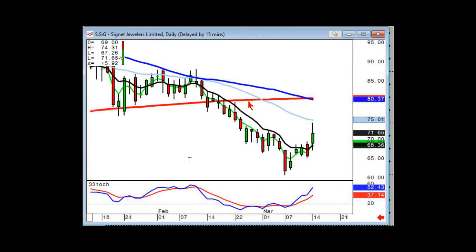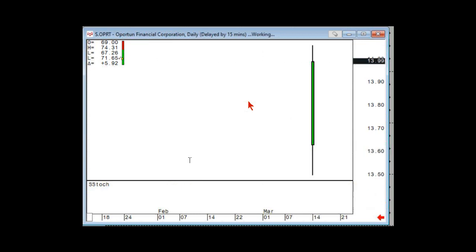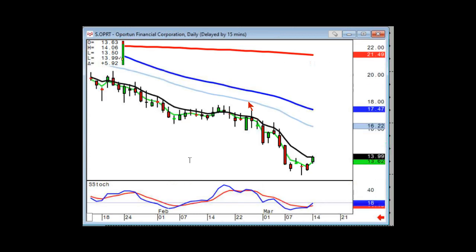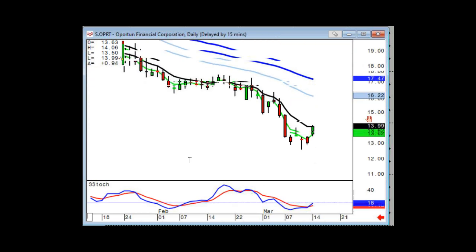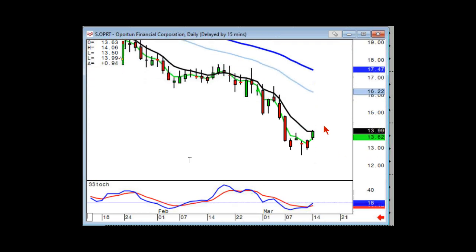SIG. OPRT, a little kicker type signal. So what do we have for confirmation?